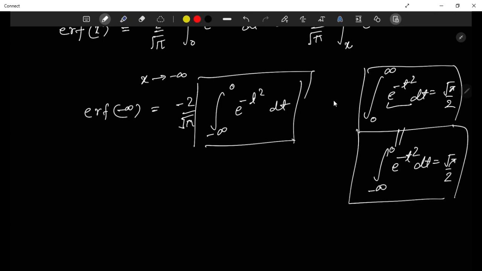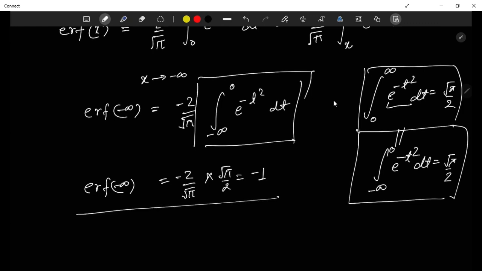Because the integrand is an even function. Even function means it is symmetric about the origin. So here you will write minus 2 by root pi, and this will give you again root pi by 2, which is minus 1 here. So the error function at minus infinity is minus 1.